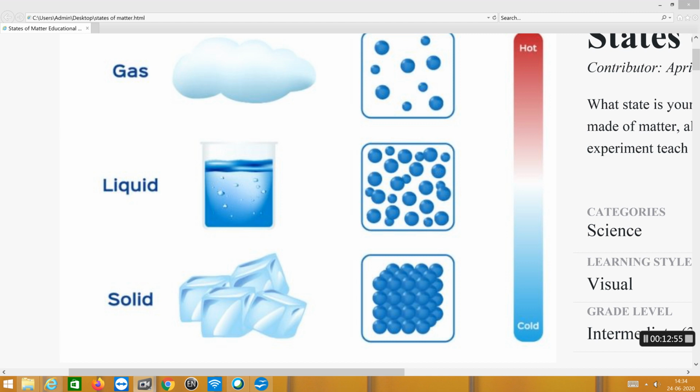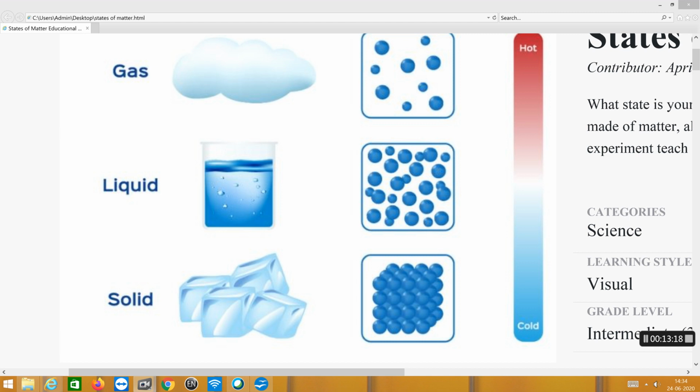You know that when we keep water on a stove and it is heated, it changes to steam. And the process of converting this liquid, water, into steam, that means liquid to gas, is called boiling. You know that water boils at 100 degrees Celsius.